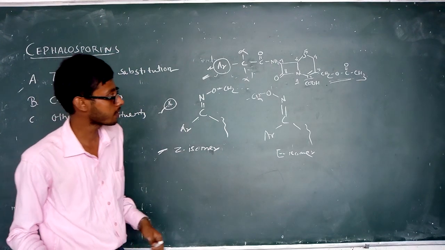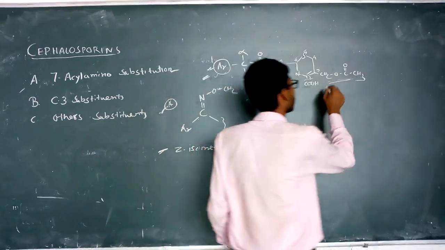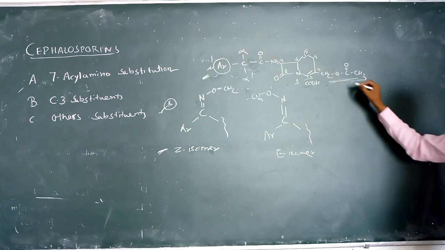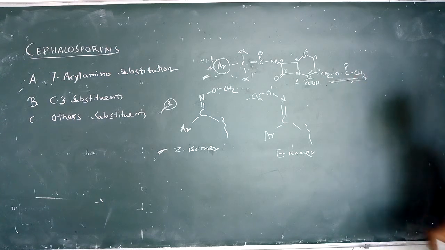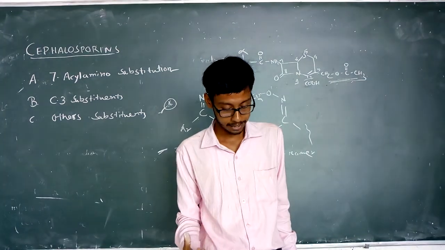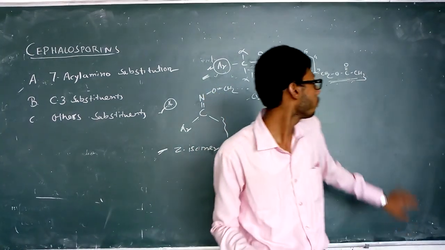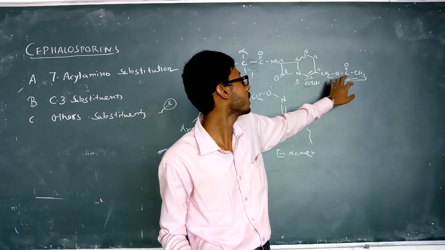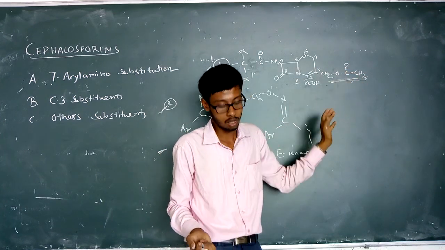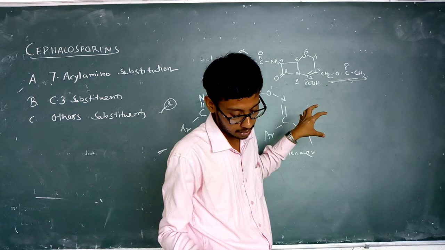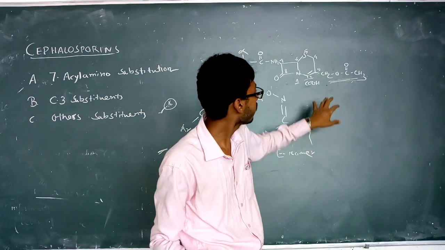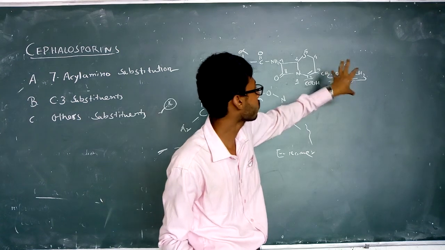At the C3 position we can see that it reacts with the transpeptidase, and the presence of the leaving group is responsible for the antibacterial activity. So various leaving groups are responsible for the antibacterial activity, as well as the acetoxy group, here the acetoxymethyl group, at the C3 position.